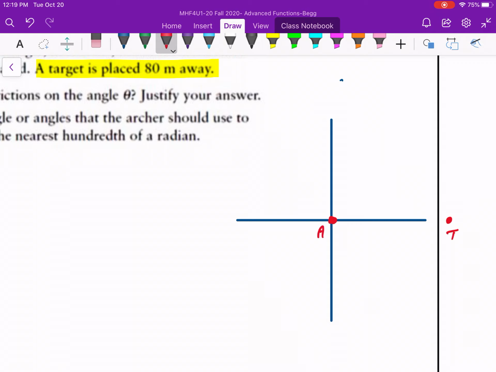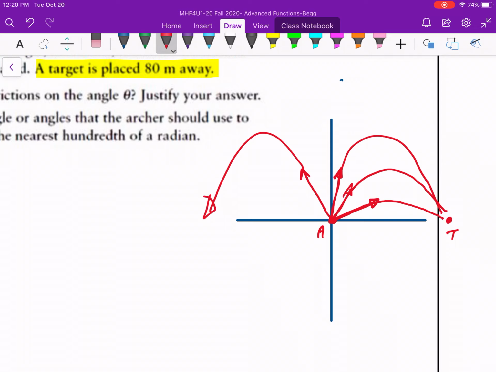The archer will need to aim this way, or this way, so that allowing for gravity, the arrow comes back down and hits the target. But what can't happen is if the archer leans so far back, pointing back over their head, then they're not going to hit the target. The arrow is going to go up and come back down over here, possibly injuring someone behind them. We don't want that to happen.